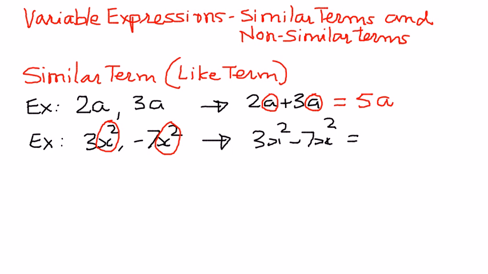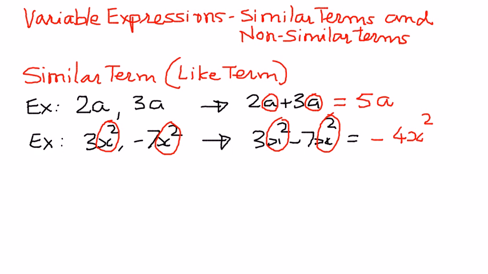The way we can understand this is as follows. As long as the variable terms are the same, we combine them as if we are combining whole numbers. In this particular example, we are subtracting 3 from 7, and therefore the value here is going to be equal to negative 4x to the power of 2.